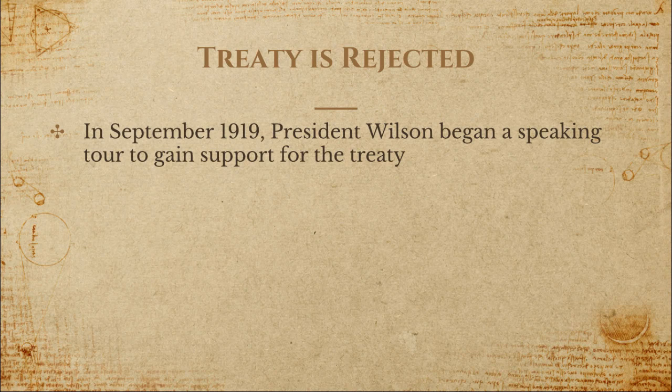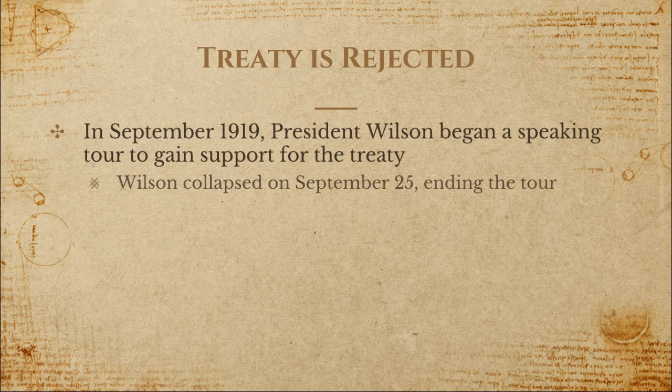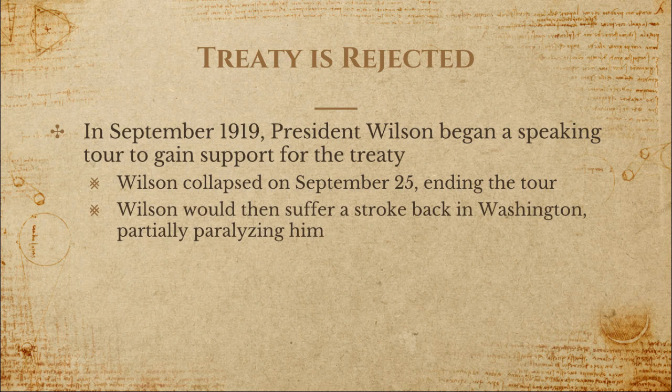So, in reaction to this, in September of 1919, President Wilson began a speaking tour to gain support for the treaty and for the League of Nations. However, President Wilson would collapse on September 25th, and this would quickly end the speaking tour. Wilson would then suffer a stroke when he was back in Washington, D.C., and this would leave the president partially paralyzed.